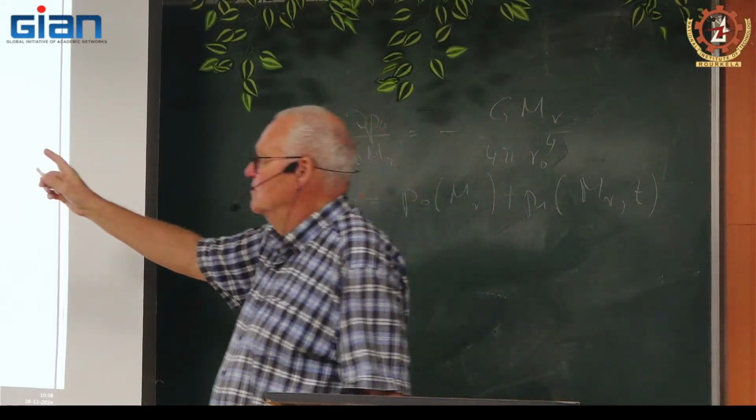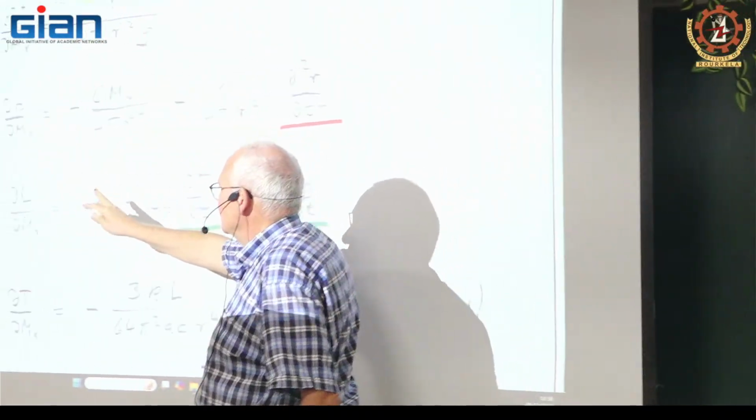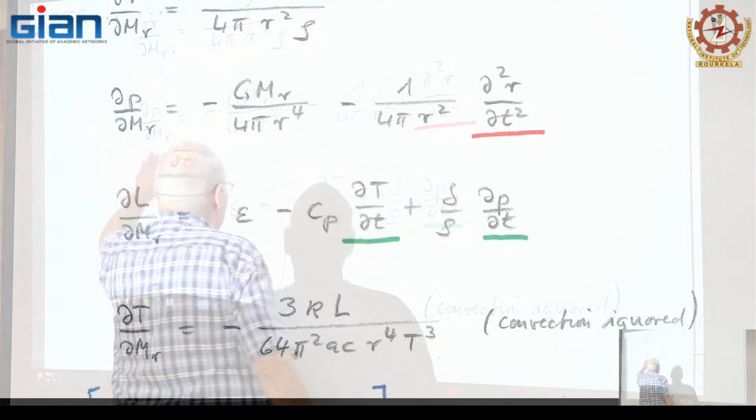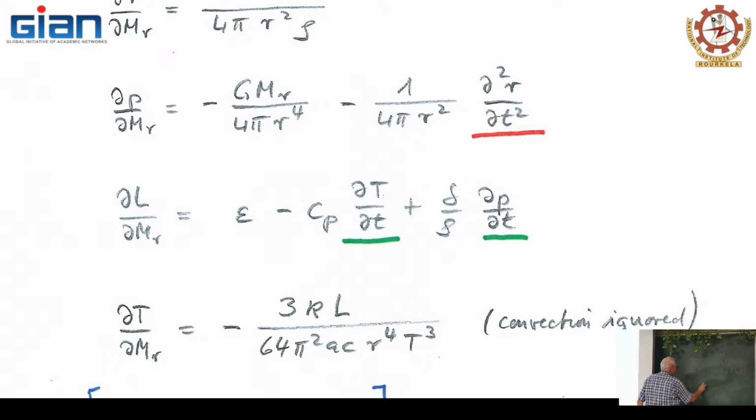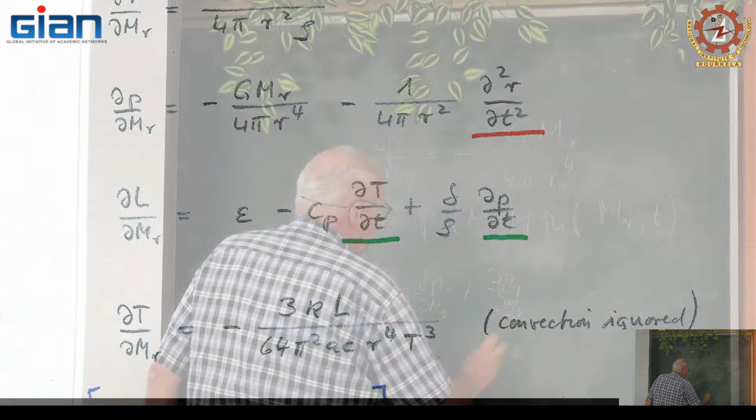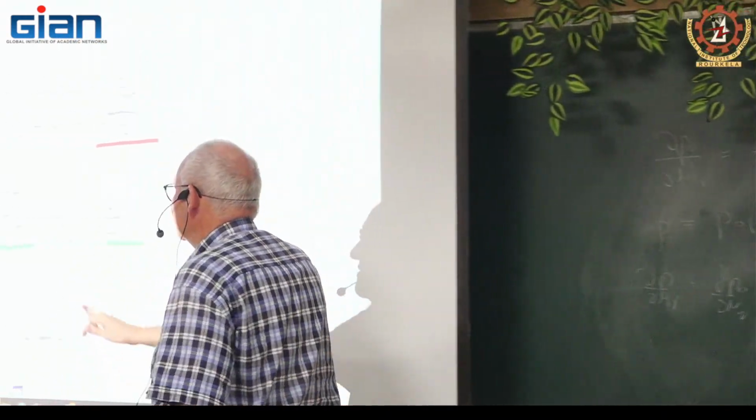And we insert this into this quantity. So this dP by dmr is replaced by dP0 by dmr plus dP1 by dmr. And we do the same on the right hand side.